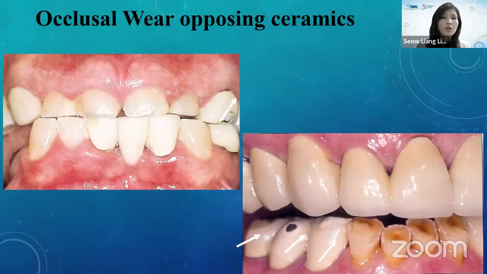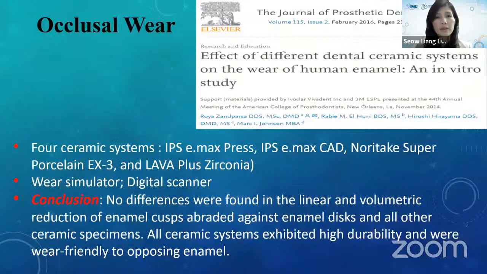Okay, occlusal wear, opposing ceramic for years and years. Is it a myth or is it a fact? We all know, we have seen clinically a lot of times dentition that is opposing ceramic get worn down. So what does the literature tell us?